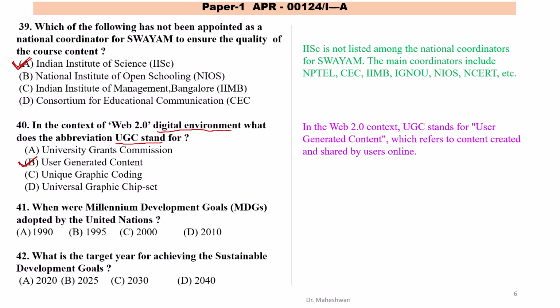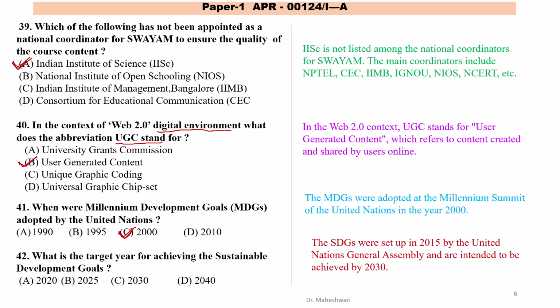Next one is, when were the Millennium Development Goals, that is MDGs, adopted by the United Nations? Basically, these Millennium Development Goals were started in 2000, so they were adopted in 2000 by the United Nations. And the next one is, what is the target year for achieving the Sustainable Development Goals?